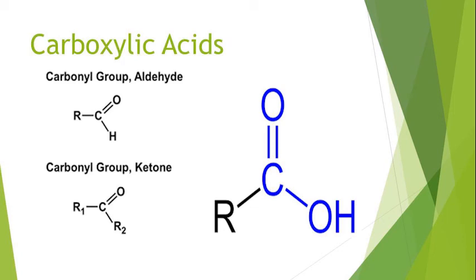In ketone, you can see that carbonyl group is attached from both sides with alkyl group, and in carboxylic group you can see that carbonyl group is attached from one side with alkyl group and from other side with hydroxyl. So you can differentiate in these three groups with the help of these examples.